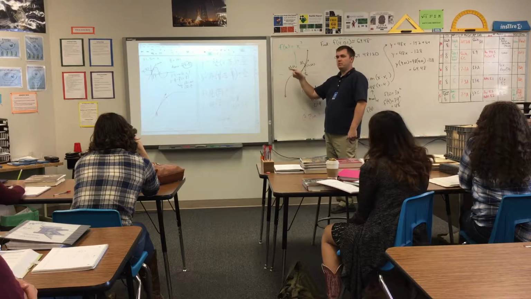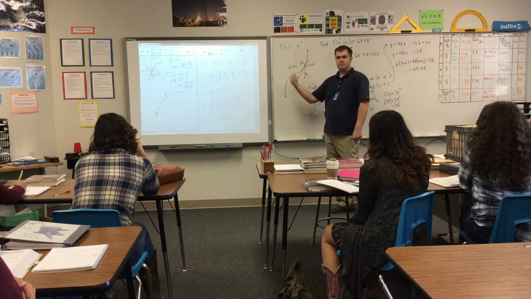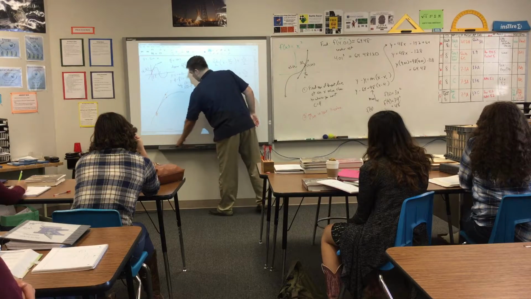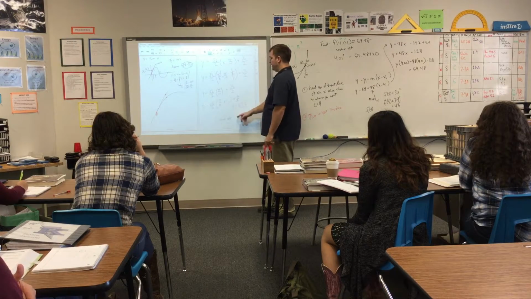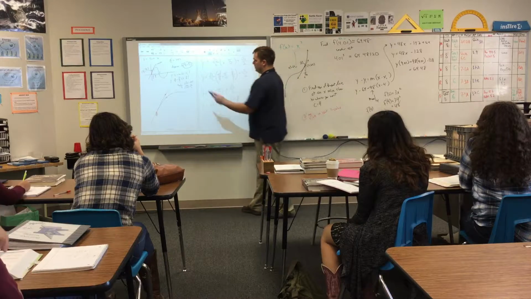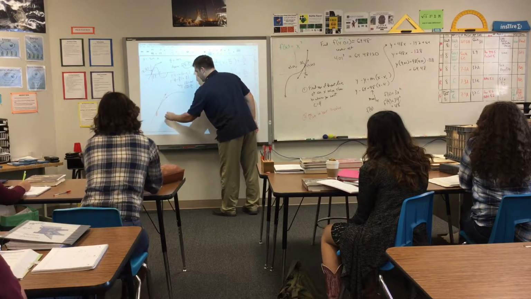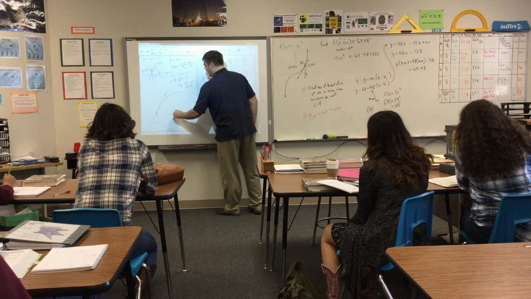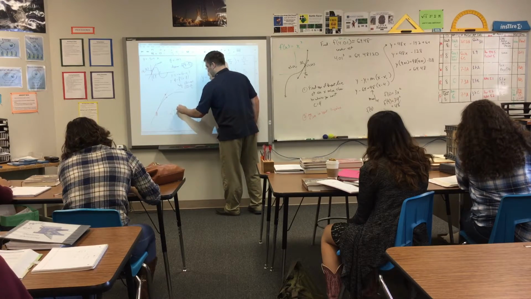How can I always know whether I'm going to get an overestimate or an underestimate? Because you may not even have the graph, but you can still get that. So we're guessing that it's an overestimate. What is exactly, calculator in radian mode, the sine of pi over 4 plus pi over 10?